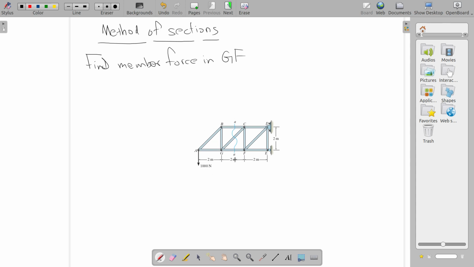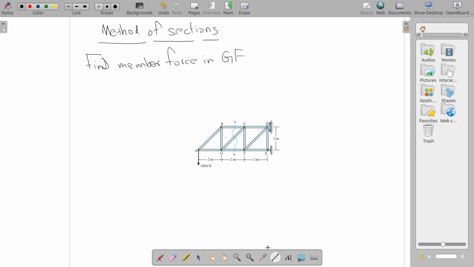However you section it, each part of the structure should be in equilibrium, because the whole structure is in equilibrium. So here, if you would like to find out member force in GF, we will use this AA section. We will cut the structure here and consider the force equilibrium of the part on the left. If we do so, it's possible to calculate member force in GF straightforwardly in one step.